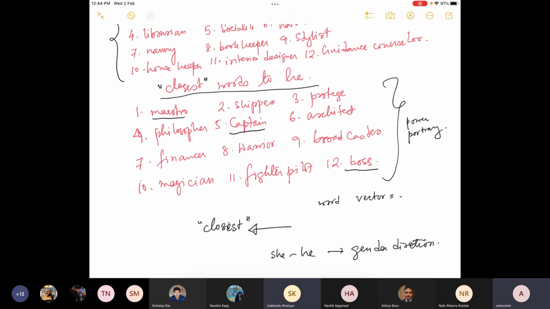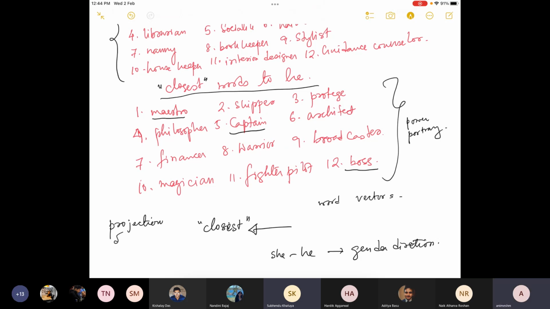On the she, he gender axis, you are doing something. Linear combination or something like that, or distance maybe. Projection. Yes. So distance is a simple distance. That's what they're finding, right? Closest. What is the interpretation of closest? How distant they are. So they are finding the projection.